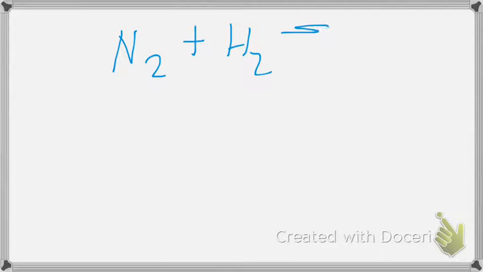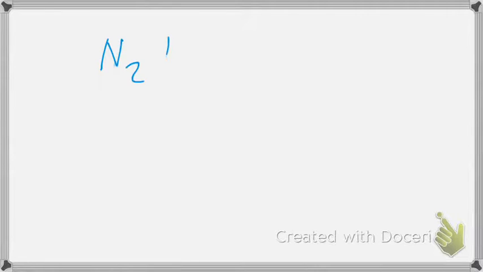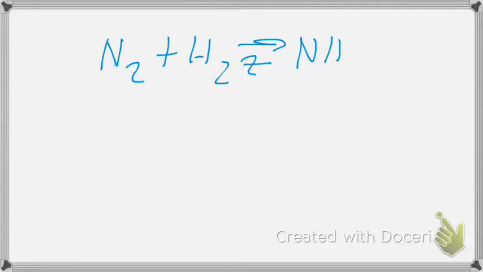Okay. Let's say we have, well, let's just do N2 plus H2, and it creates ammonia. I'm going to actually rewrite that again. So N2 plus H2, and that's going to create an equilibrium system with ammonia.